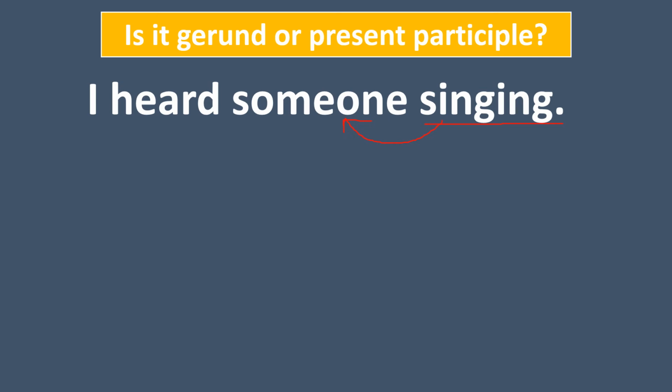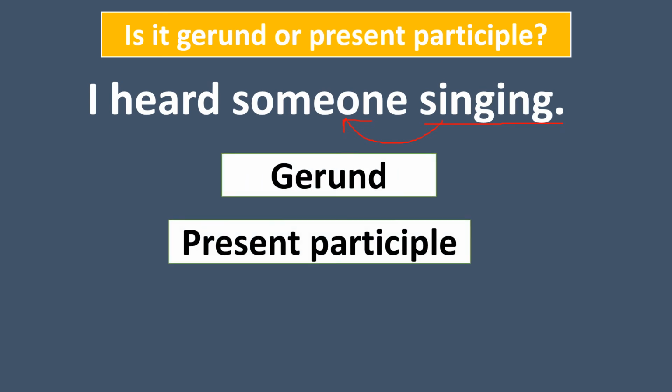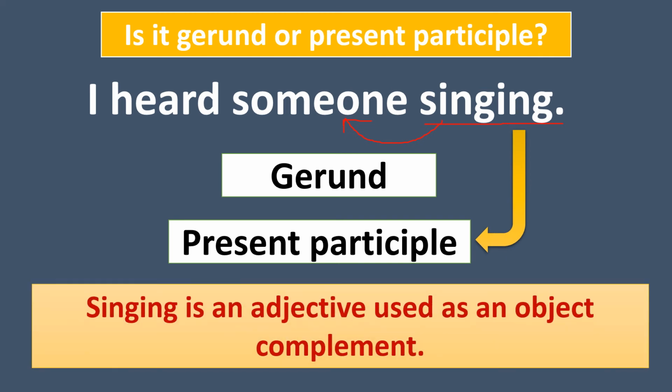When an ing form refers to the object, that is called object complement. That object complement can be said present participle. That is nothing but a type of adjective. So here singing is gerund or present participle? It is present participle. Why? Singing is an adjective. It is used as an object complement.